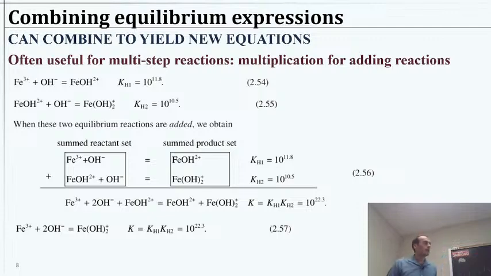Okay, one other thing we can take a look at is combining equilibrium equations. So we might need this at some point. And it's typically what we would look to do if we have a sequence of reactions, but we really only care about the sum, the net reaction, right? So for example, the formation of iron hydroxides, Fe and OH, we might take Fe3+, OH-.